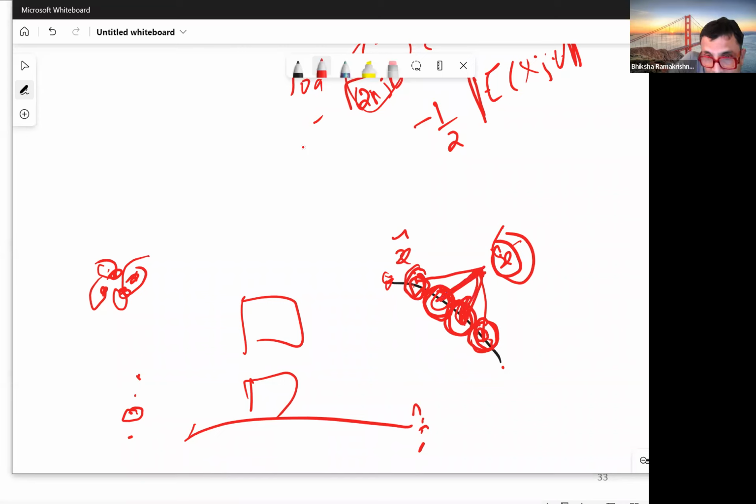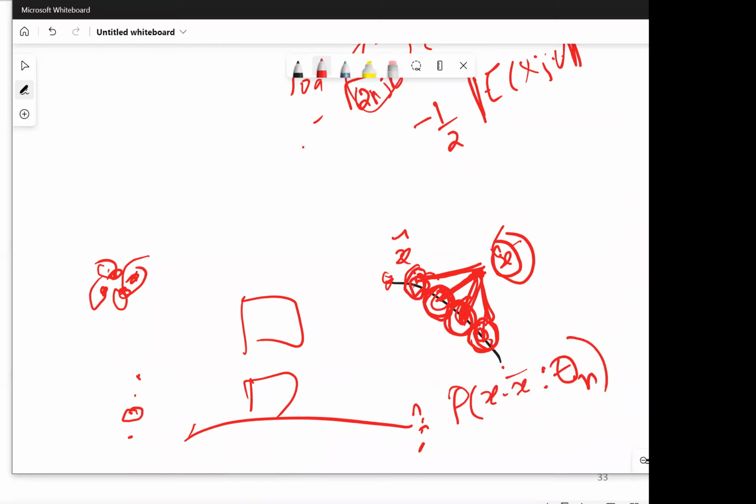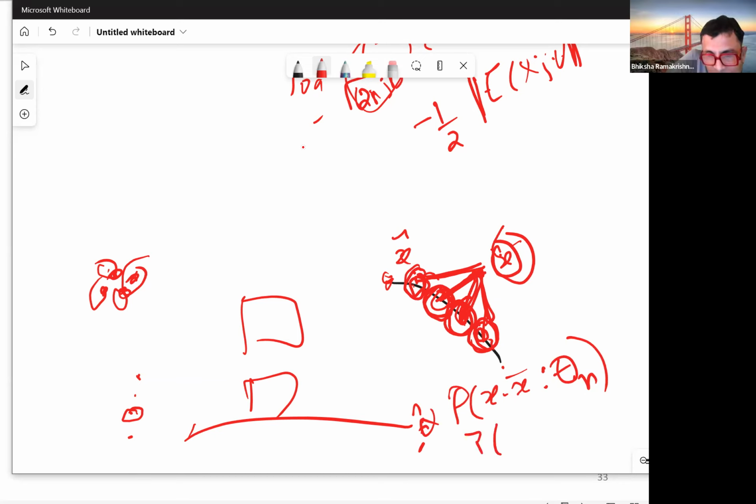This is the noise that was added. Each of these noises has some probability. So the weight is going to be P of X minus X hat using the noise distribution, which is the same as saying P of the noise.